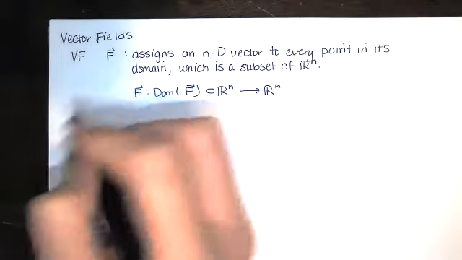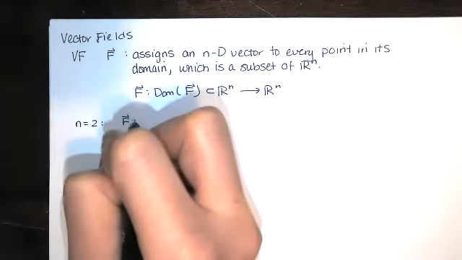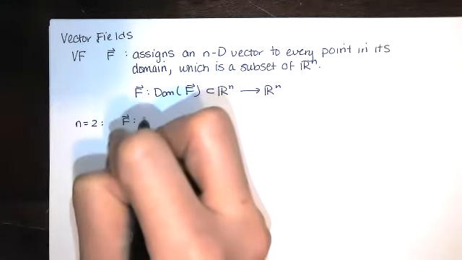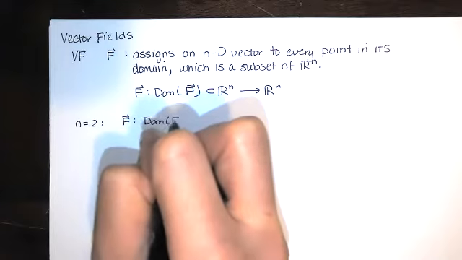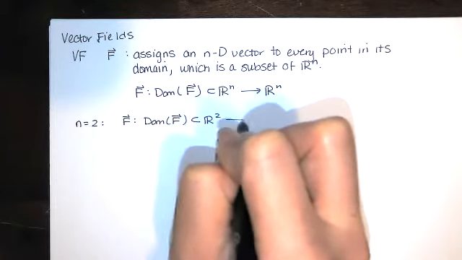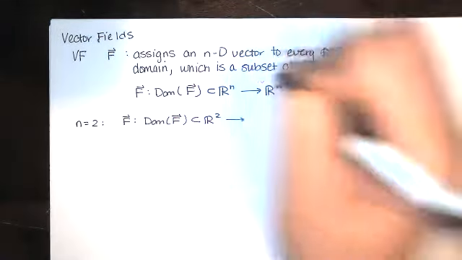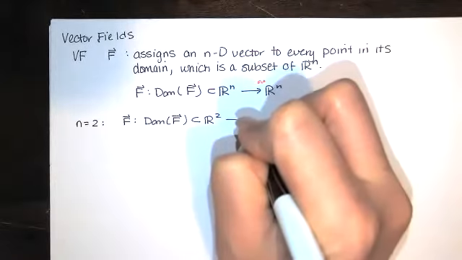If n equals 2, our vector field F would map from 2D into 2D, or something that's kind of like 2D. I'm going to use that little tilde sign because it's really not just a point, it's a vector.